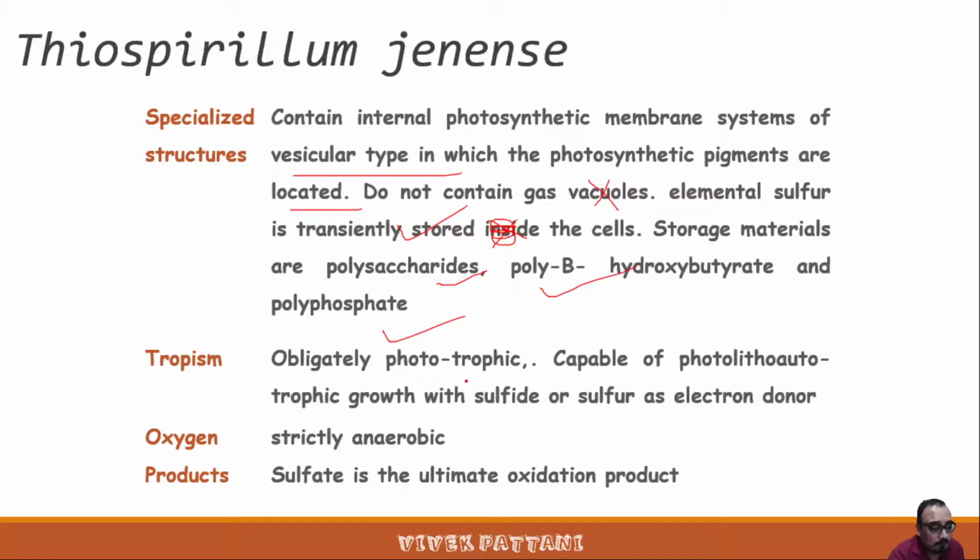They are obligately phototrophic and capable of chemolithotrophic growth with sulfide or sulfur as their electron donors, and they are strictly anaerobic, in which sulfate is the ultimate oxidation product.